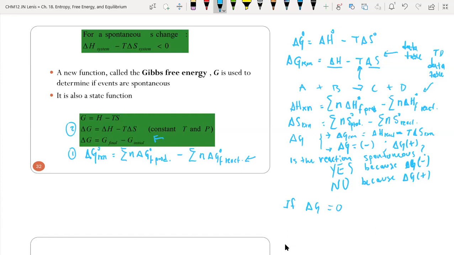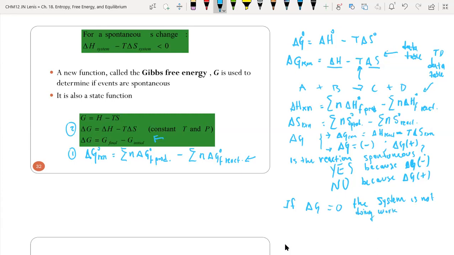Since delta G measures the useful work done by the system, and delta G becomes 0, that means the system is not doing work.